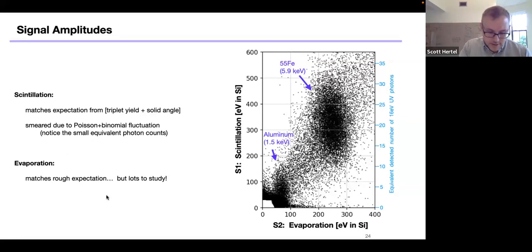The evaporation, though, is our primary signal. So that's where my eyes will always be focused, on what's going on with the evaporation. Maybe just to emphasize, the evaporation signal has a better energy resolution than the scintillation signal. You can think of it just as a square root of n effect.